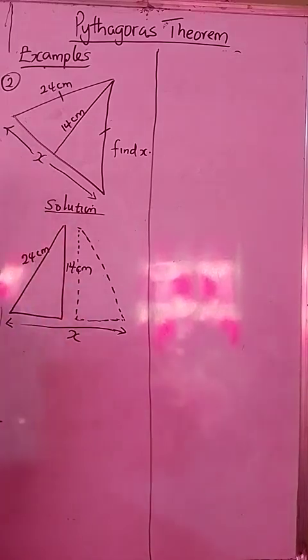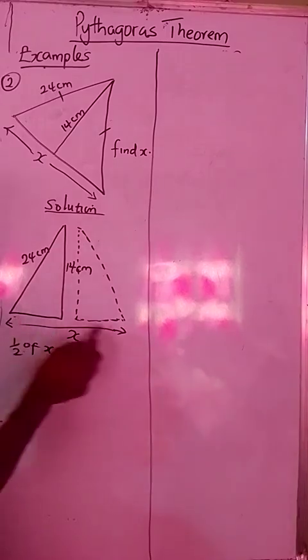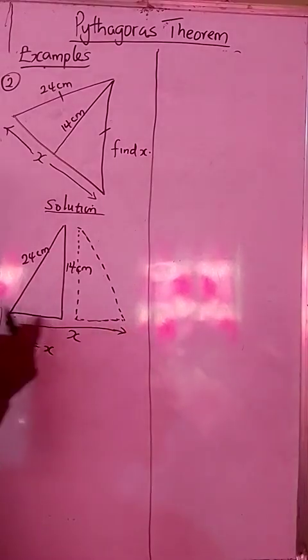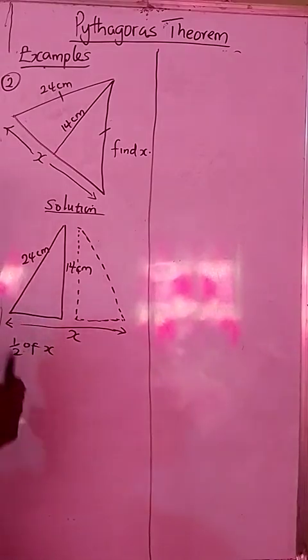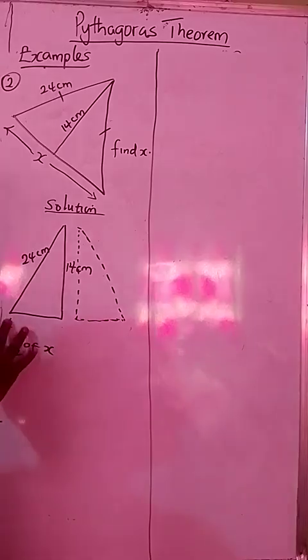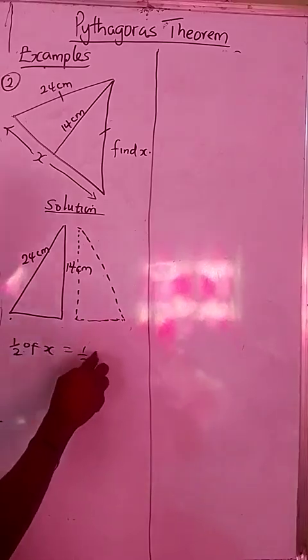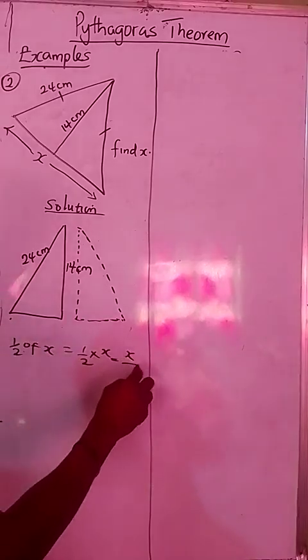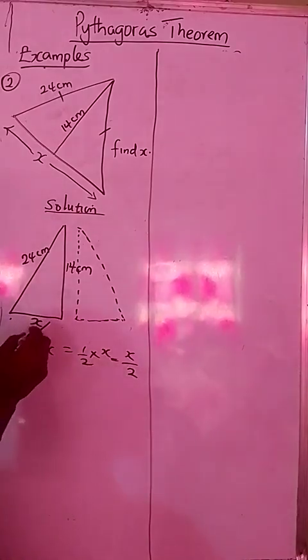Half of x. So from here to here is x, and from here to here will be half of x. And so half of x will be what? That's 1 over 2 times x, which is x over 2. So here it will be x over 2.